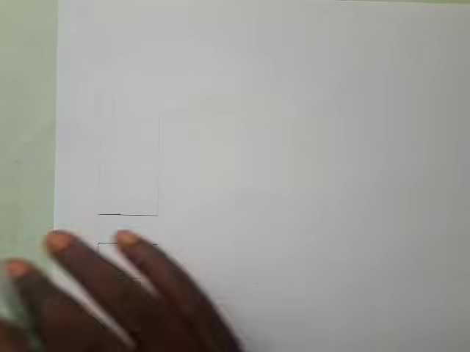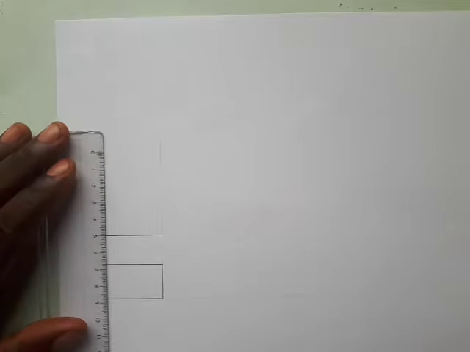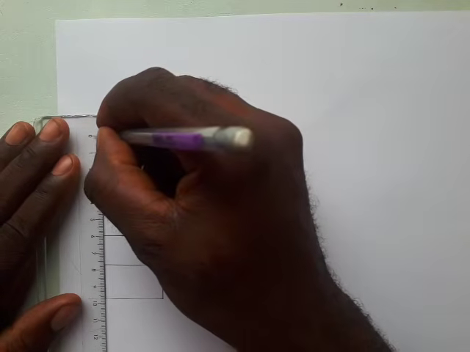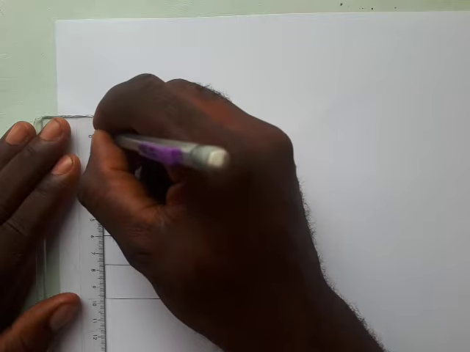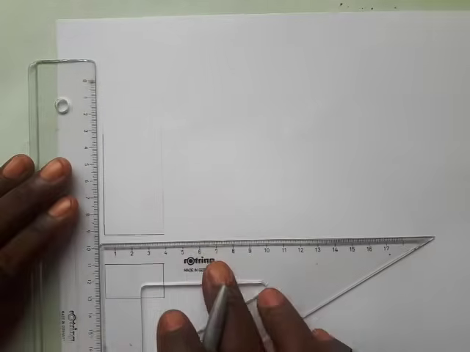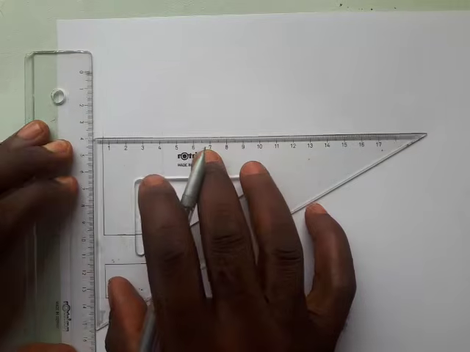Alright, so we're told that the height is 60. So I'm going to measure 60. So this is 60. So I'll draw a thick line at once, and I'll transfer lines to where I have 60.